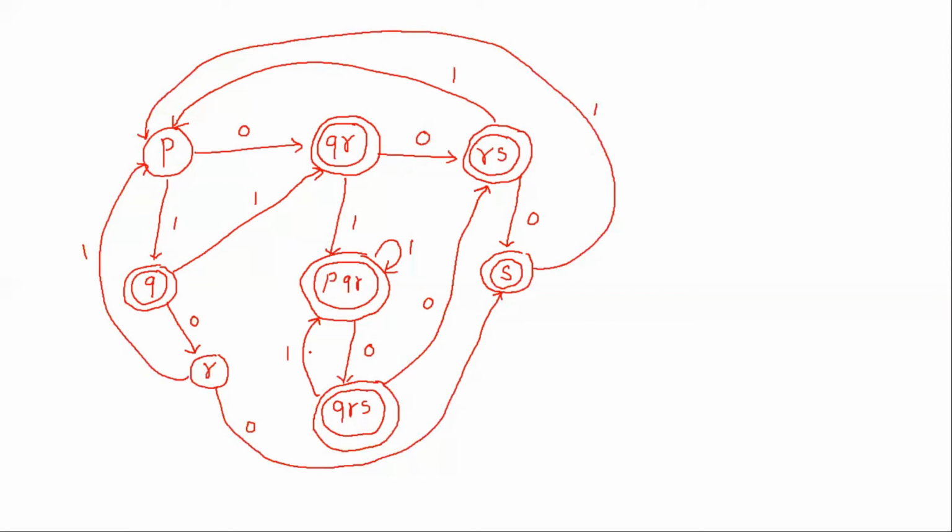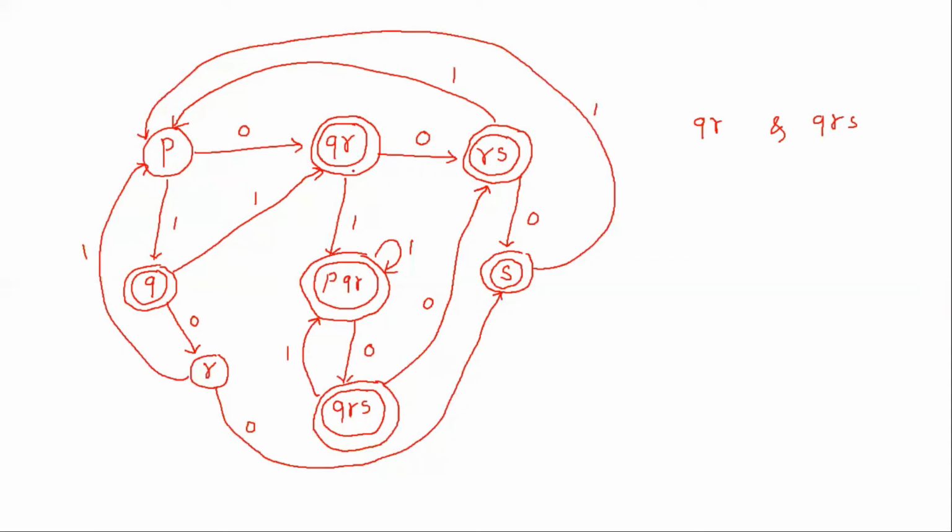So here just observe QR and QRS. Now this QR state for the input 0 goes to RS. Similarly QRS for the input 0 goes to RS.